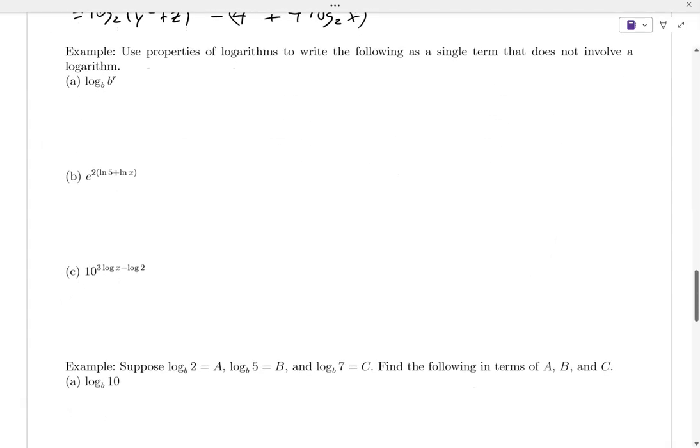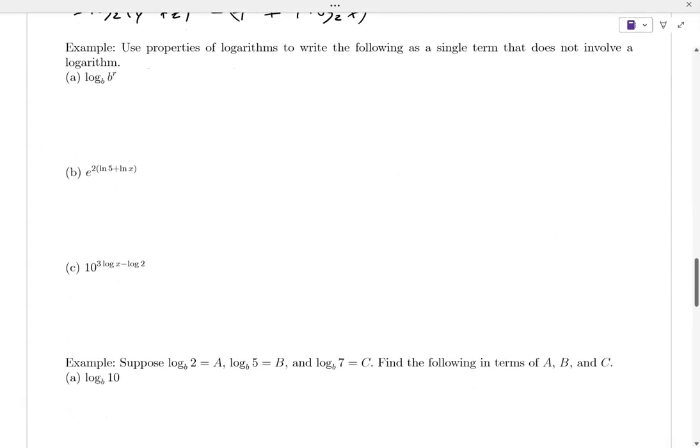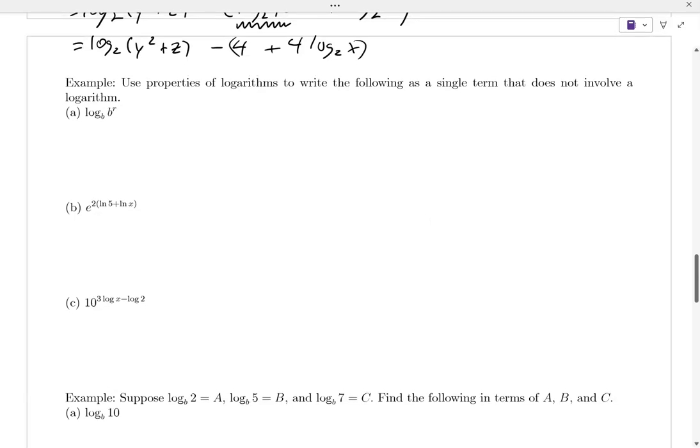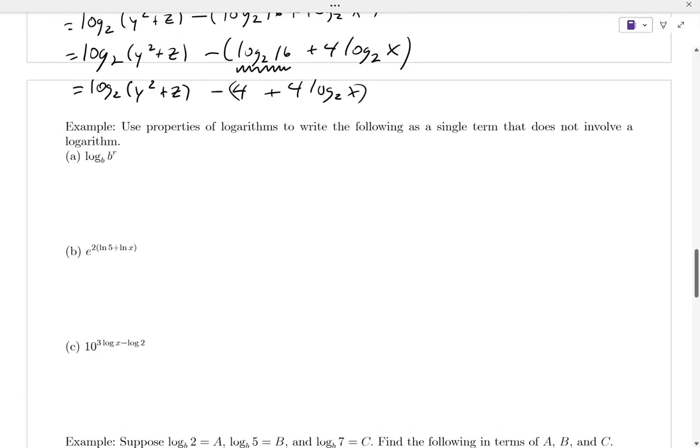So this is more of the same ideas of using log properties and making sure we understand what logs mean. This part A is just more with variables rather than numbers. A second ago, I asked you, what power do you need on 2 to give me 16?